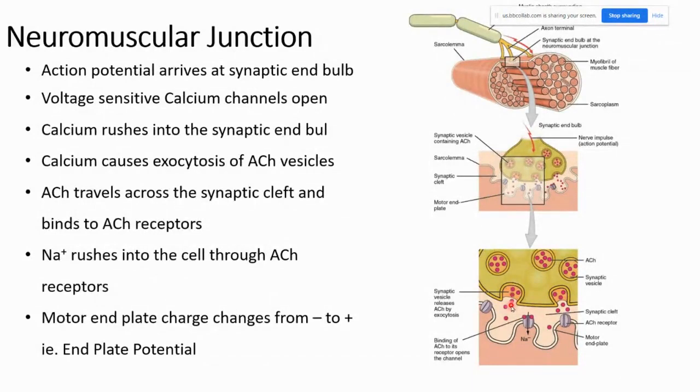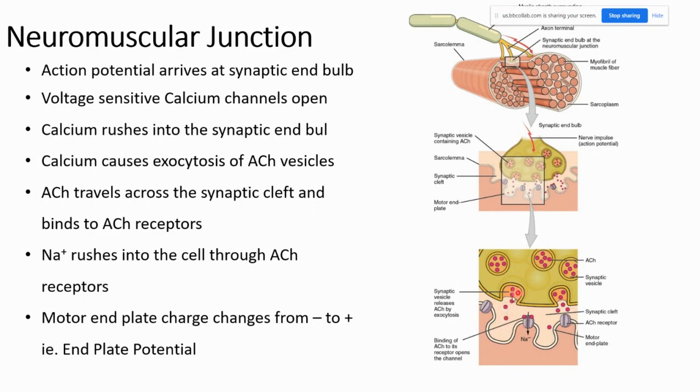Now the chemicals are neurotransmitters, and neurotransmitters are little chemical messages that go across a synapse. This is a synapse where these two cells are communicating. So to get that message, that action potential, across to the muscle fiber, we send these chemical messages across the gap, across the synaptic cleft.